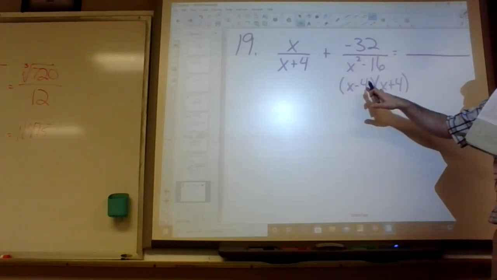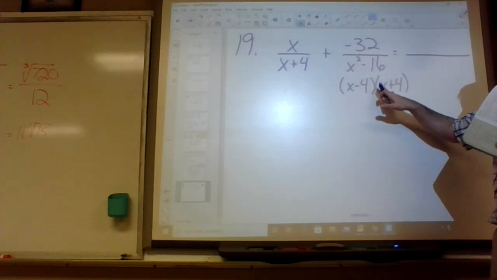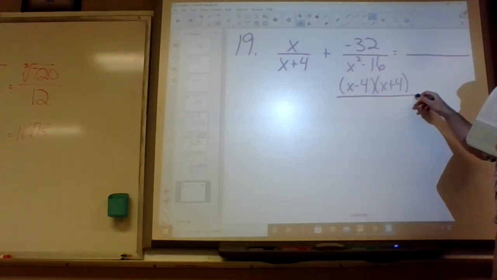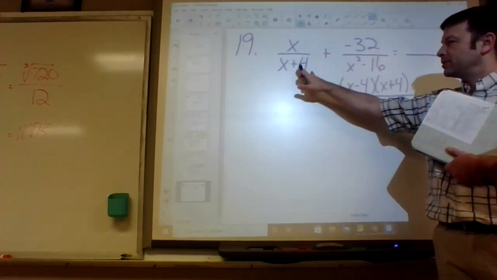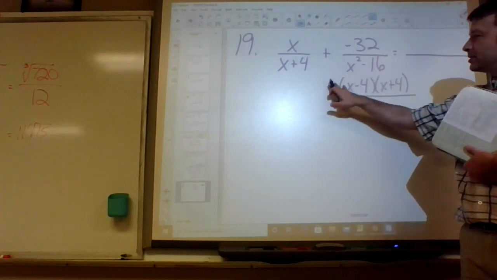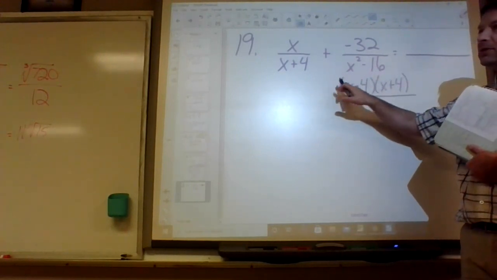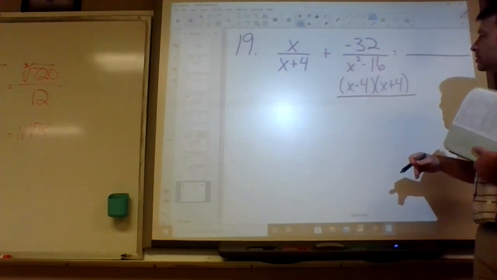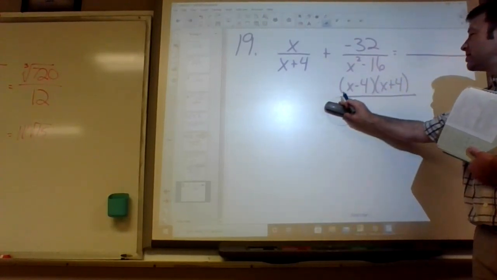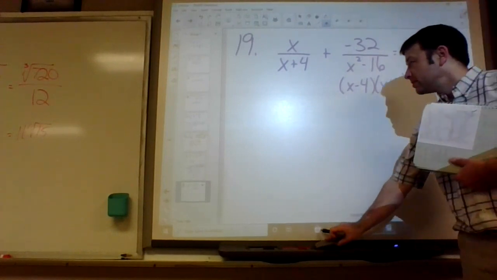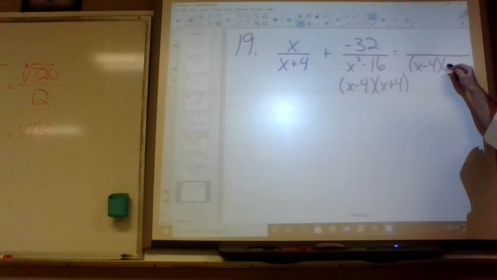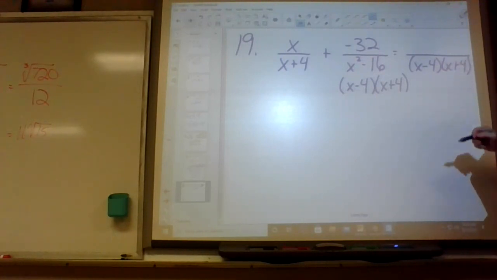They both have an x plus 4, but this also has an x minus 4. So the common denominator is x minus 4, x plus 4.